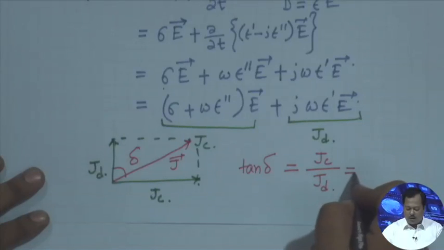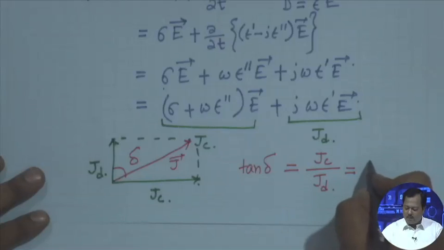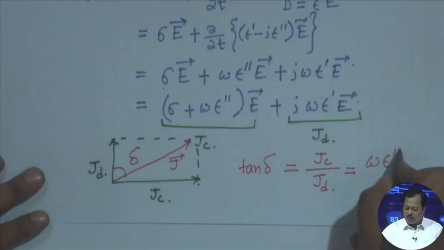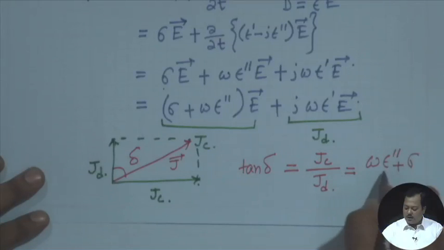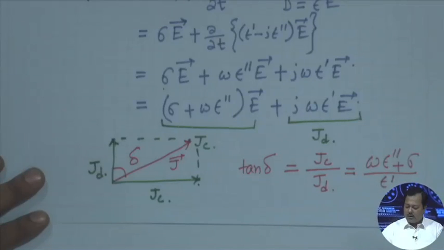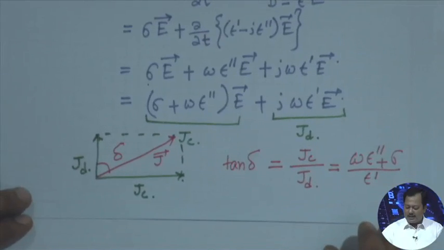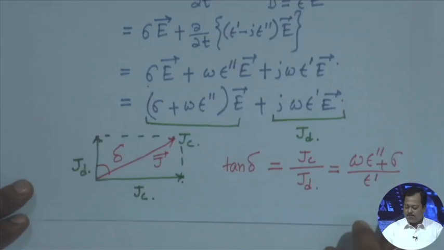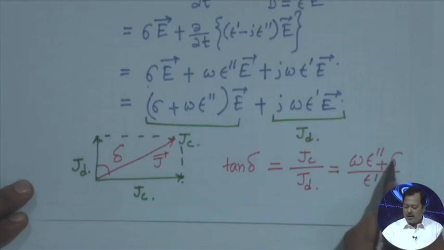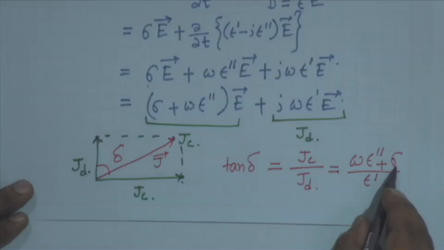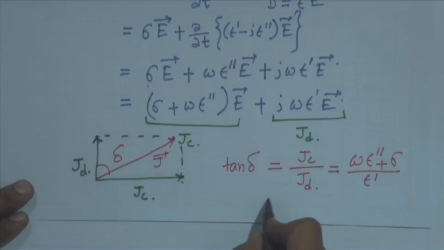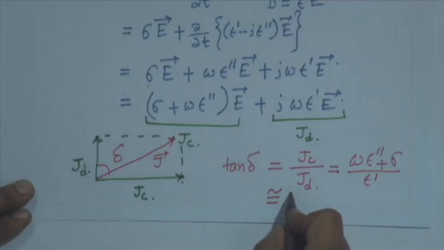If I put in the values, it comes to omega epsilon double dashed plus sigma, divided by omega epsilon dashed. This is called the loss tangent of this dielectric medium. Since we are considering a dielectric, we can assume sigma is 0, then this quantity is approximately epsilon double dashed divided by epsilon dashed.